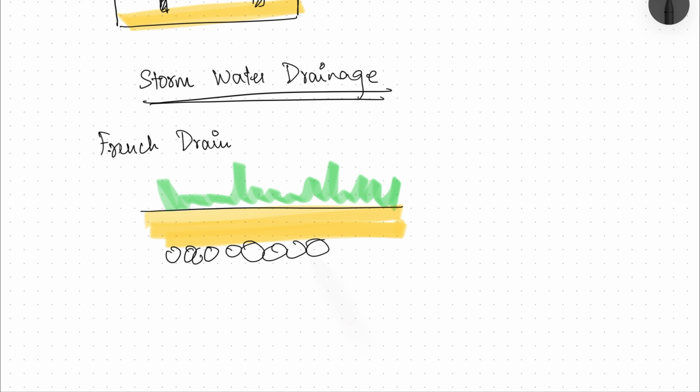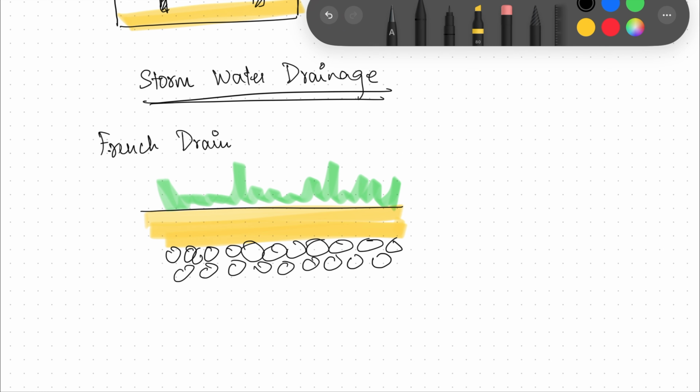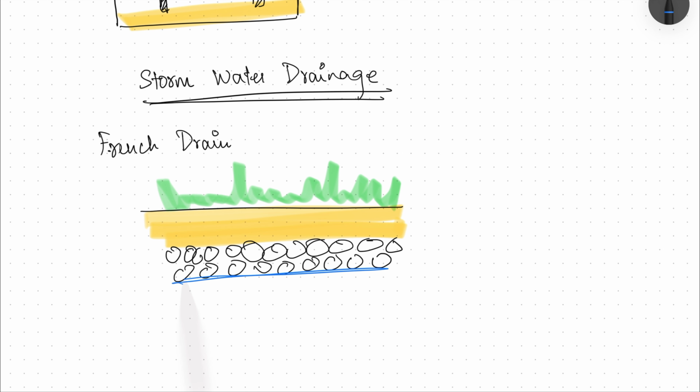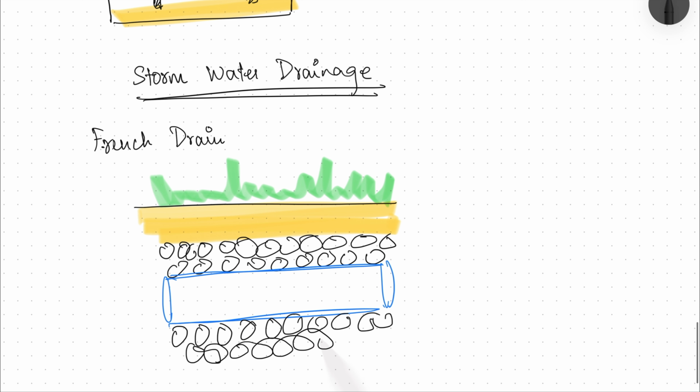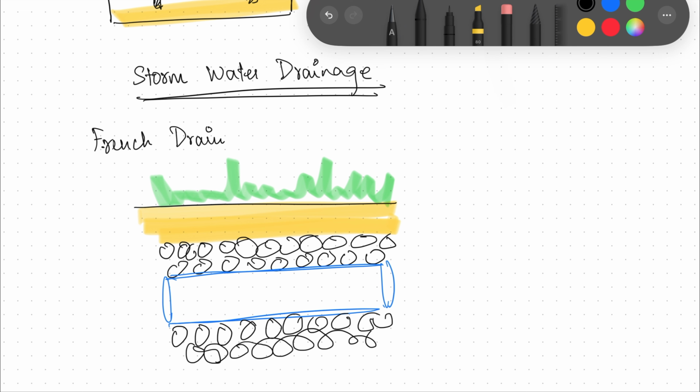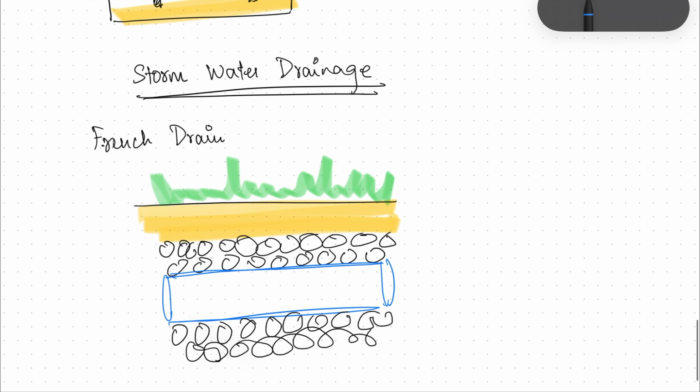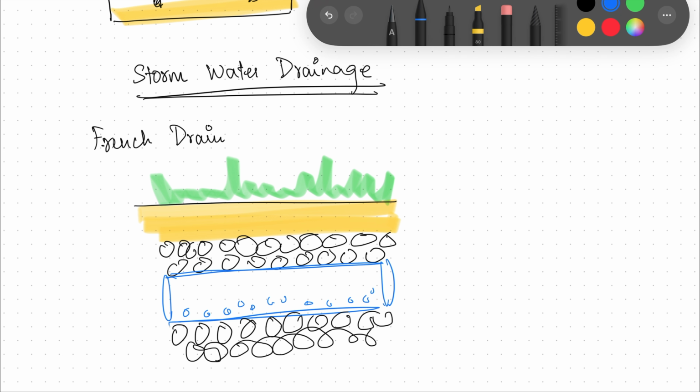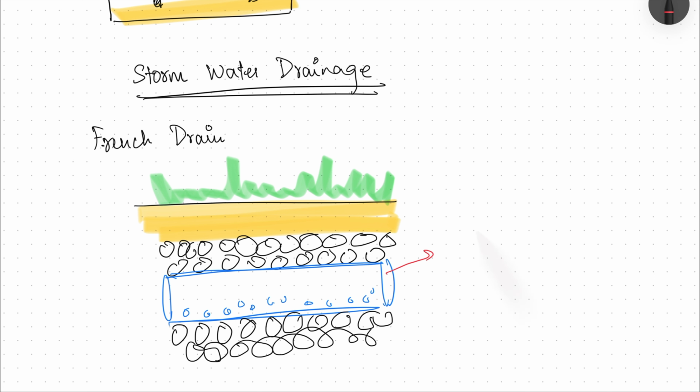So you place gravels, and in the middle you place your pipe, and beneath it again you have gravels. And this pipe is not your usual pipe. It has perforations in it, which means it has holes in it. And this is your perforated pipe, and it is of 100 mm diameter.